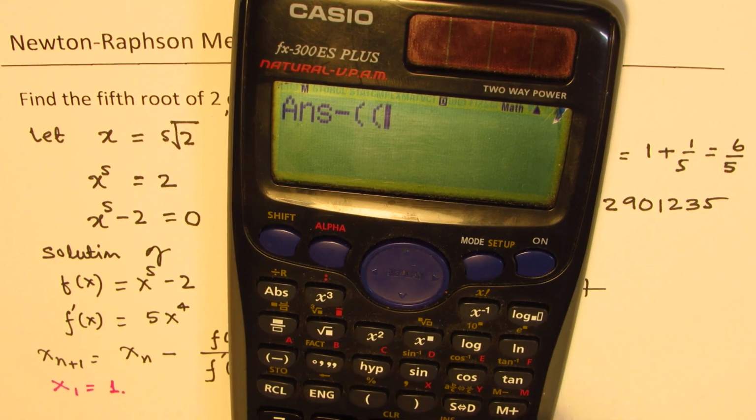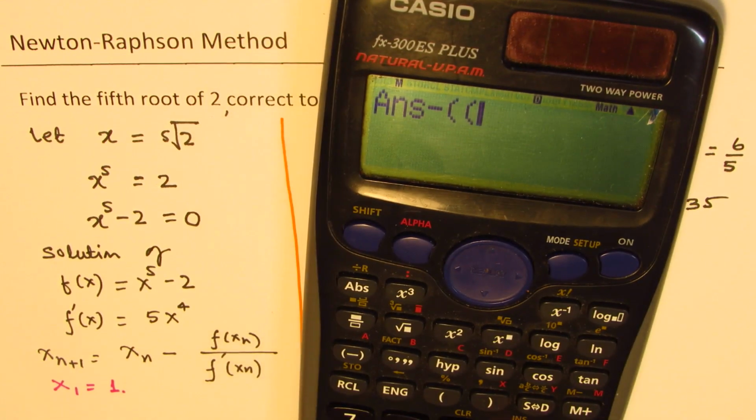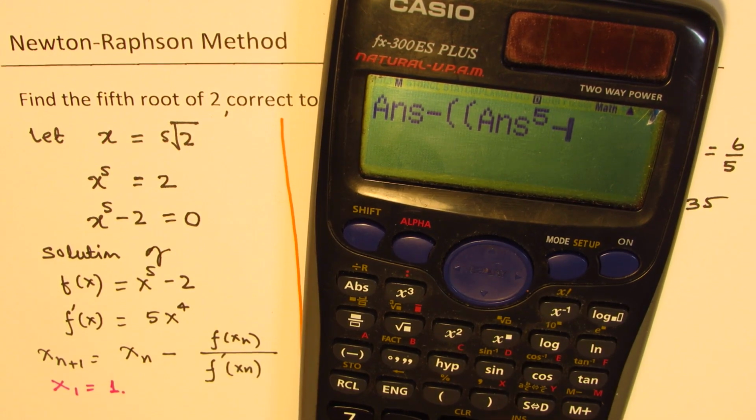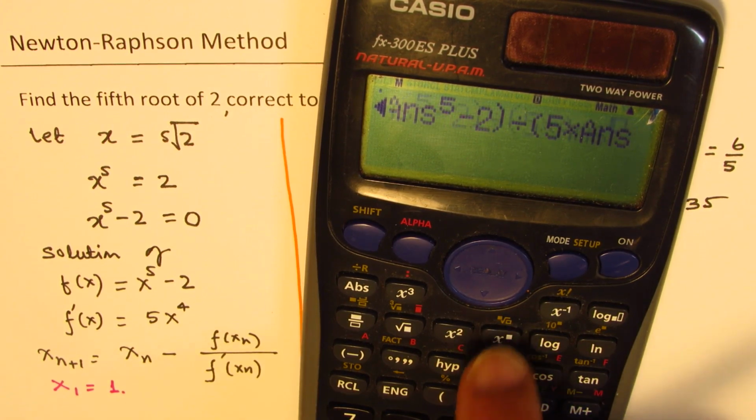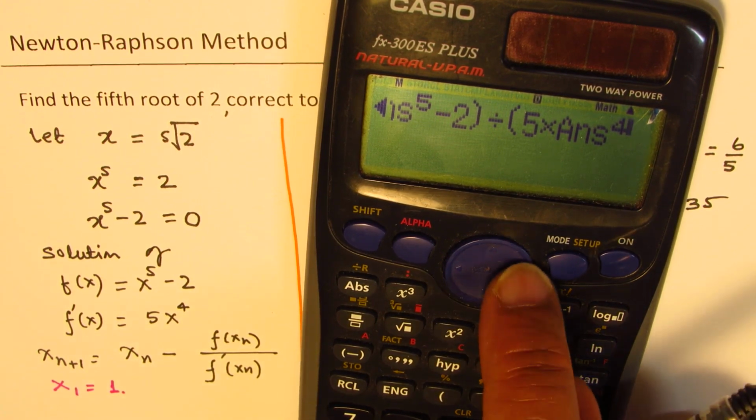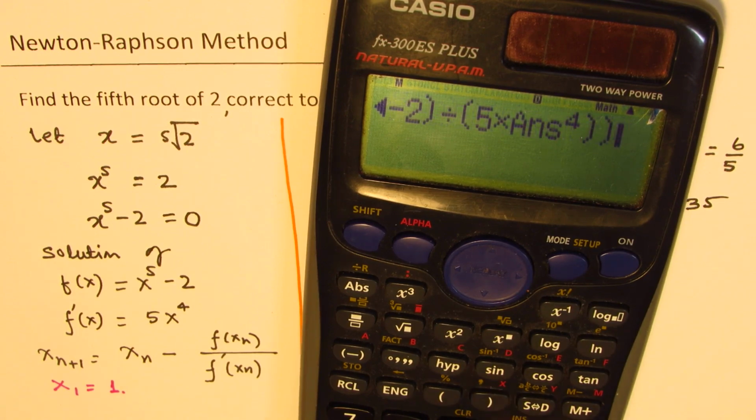Answer minus the value of the function, which is answer to the power of 5 minus 2, bracket close, divided by, within brackets, 5 times answer to the power of 4, brackets closed.